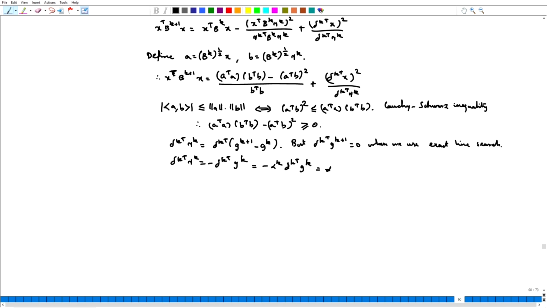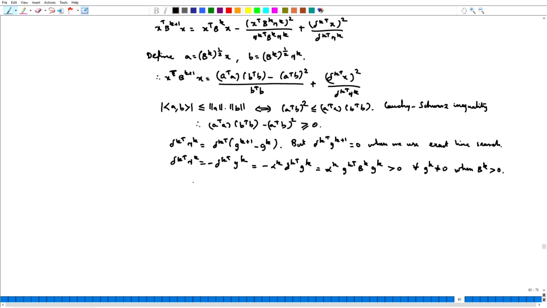So, you will have alpha_k g_k transpose B_k g_k, and this is greater than 0 for all g_k non-zero when B_k is positive definite. I claim that it is positive for all g_k non-zero, because B_k is positive definite.